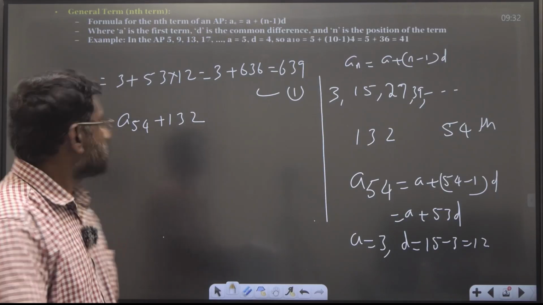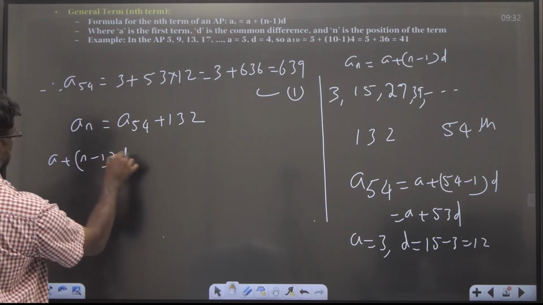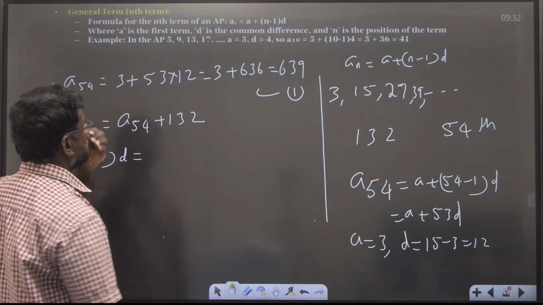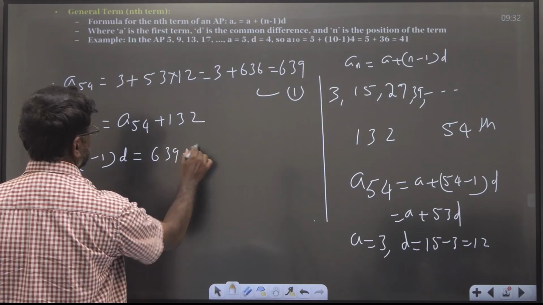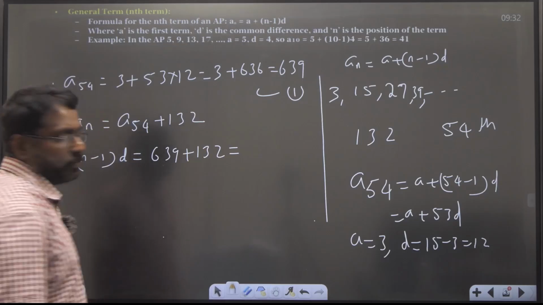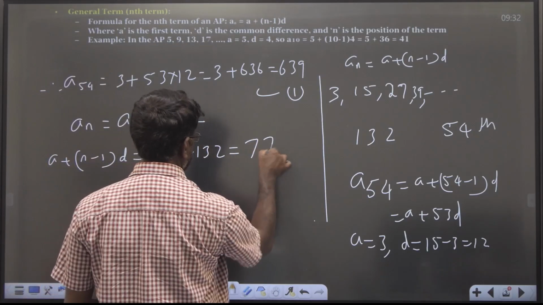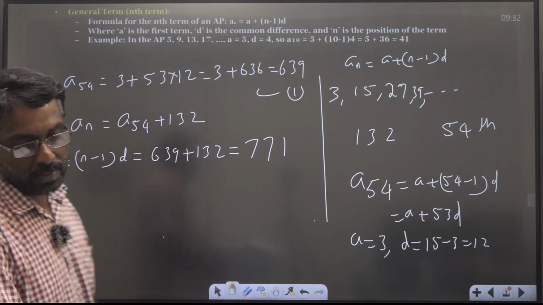What is An? a plus n minus 1 into d. A54 we already have, that is 639 plus 132. What is 639 plus 132? That is equal to 771. So a plus n minus 1 into d equal to 771.